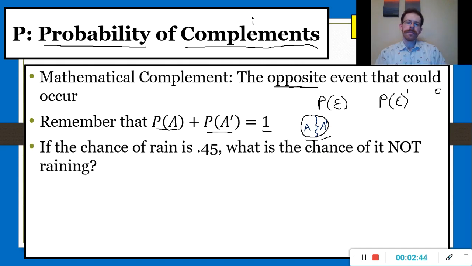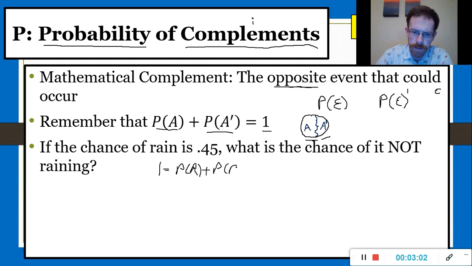Let's see this in action. If a chance of rain is 0.45, what is the chance of it not raining? Well, if I know that everything has to add up to 1, the chance of rain and the chance of not rain have to add up to 1, well then 1 has to be equal to 0.45 plus our complement.